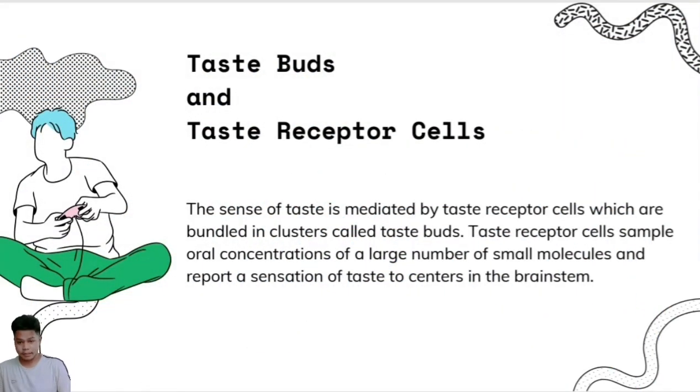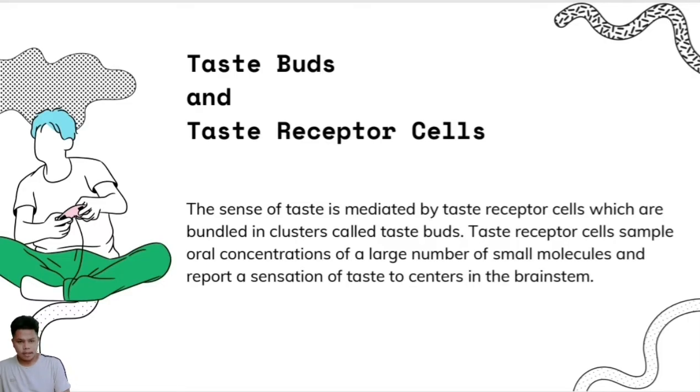Taste buds and taste receptor cells. The sense of taste is mediated by receptor cells, which are bundled in clusters called taste buds. Taste receptor cells sample the oral concentration of a large number of small molecules and report a sensation of taste to centers in the brain stem.